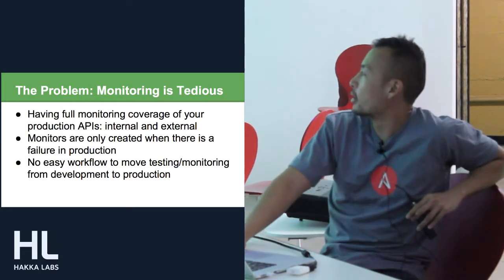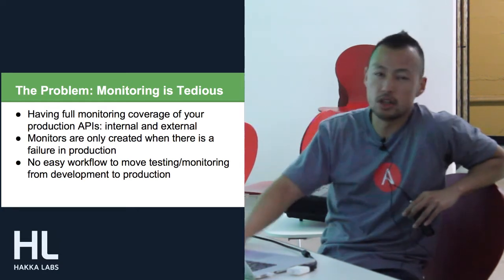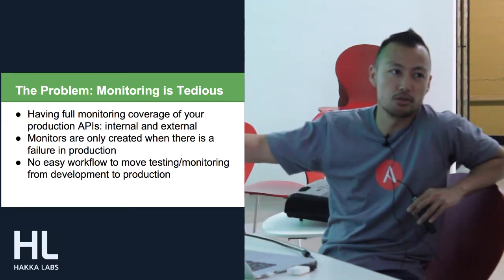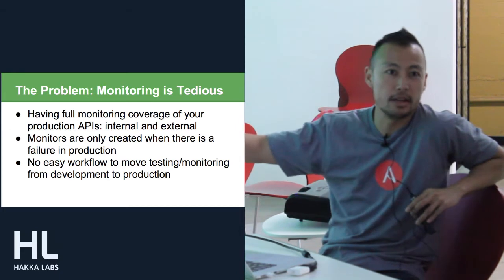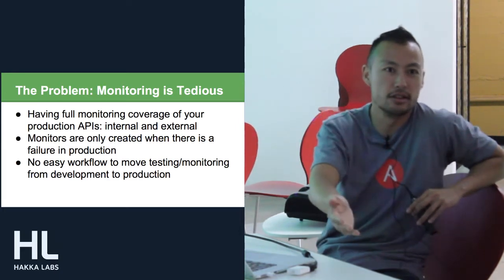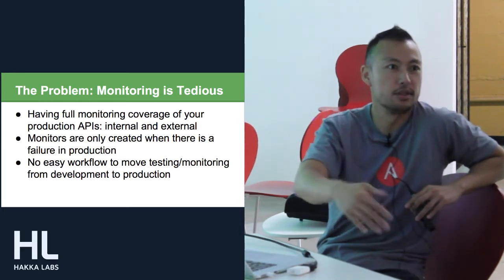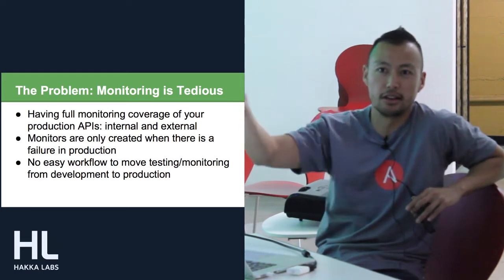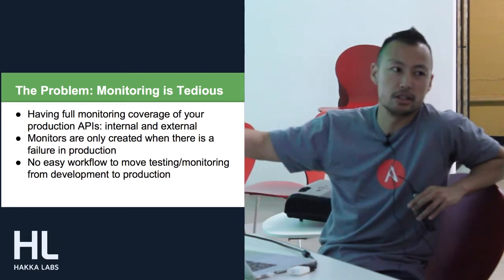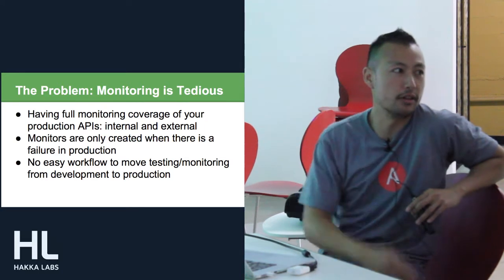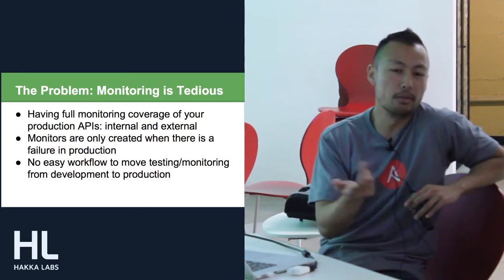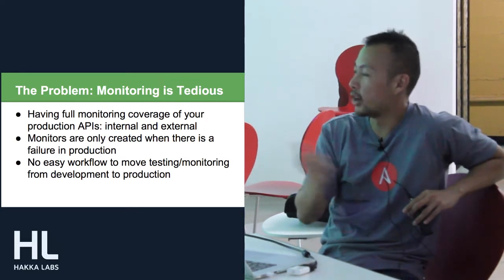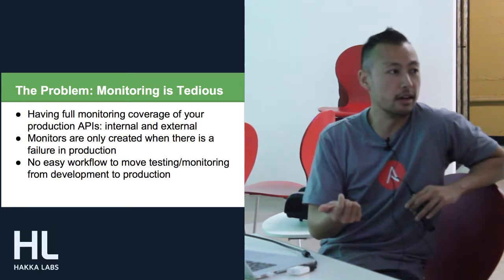But the problem with that was that it was GUI driven, and it was really hard to automate. They really didn't have an API that says, hey, I want to create this new test to monitor my new API that I've done. You really had to go into the GUI and punch all this stuff in manually. So the problem was really creating new stuff and then updating other stuff.